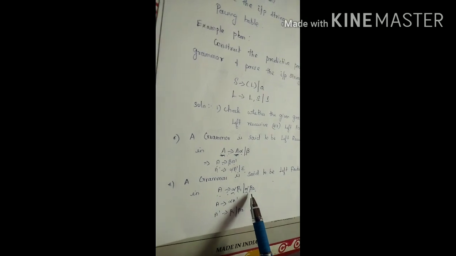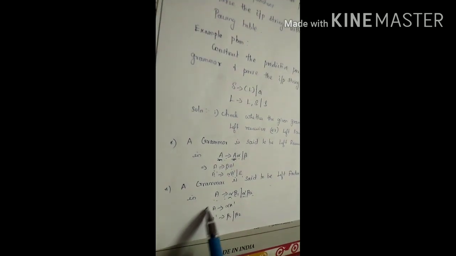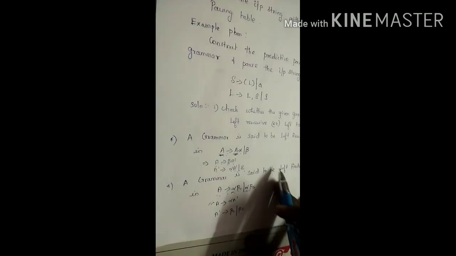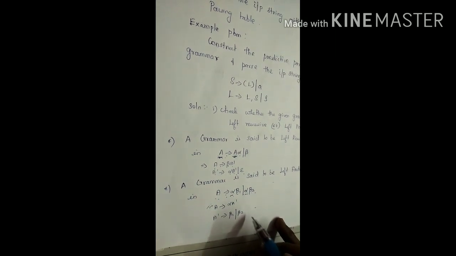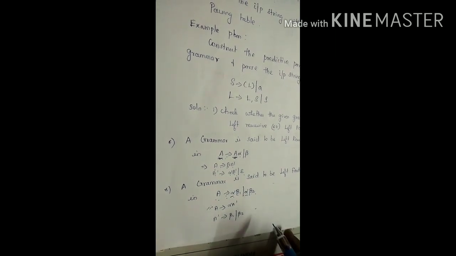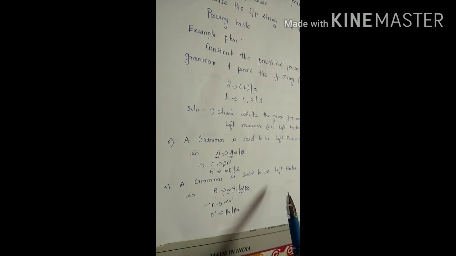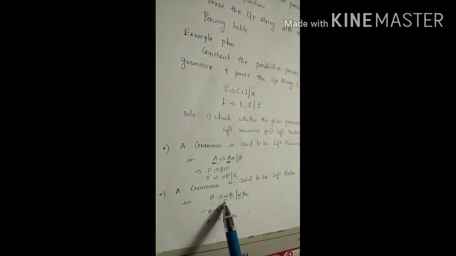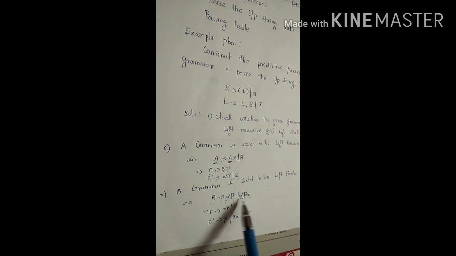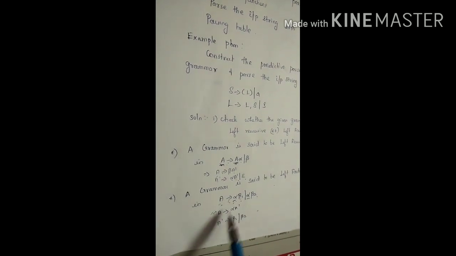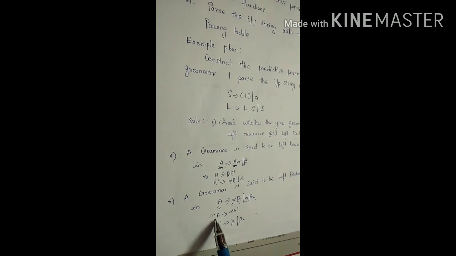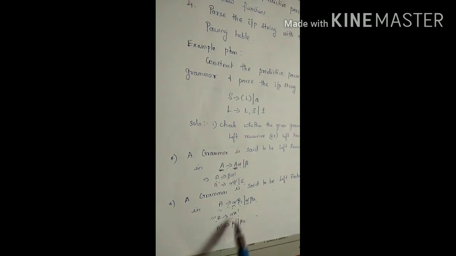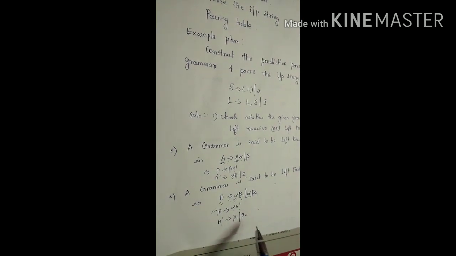This can be eliminated by rewriting the rule as A → αA', A' → β1 | β2.